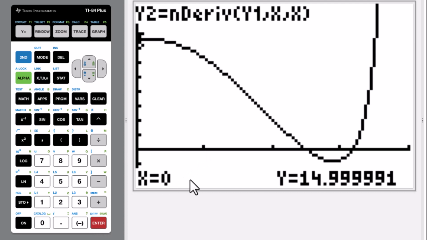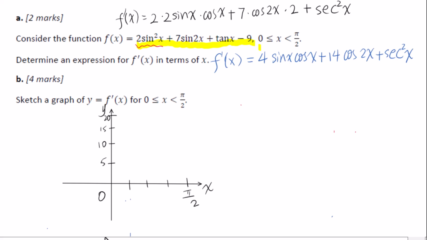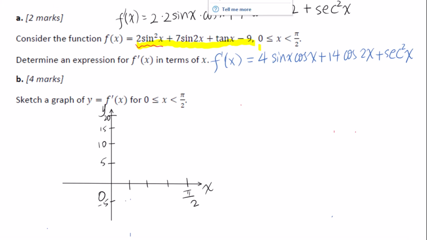Don't forget the y-intercept. Trace 0, enter. 0.15 is the y-intercept. When you sketch the graph, don't forget to label the origin, x and y. Then the scales. Before we sketch the graph, make sure to check whether there are asymptotes.